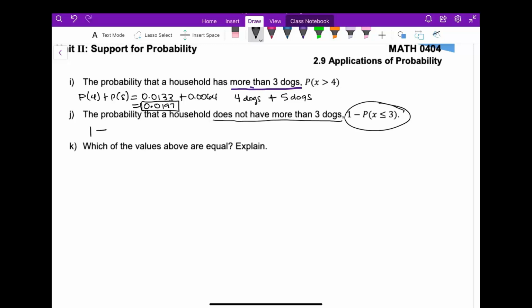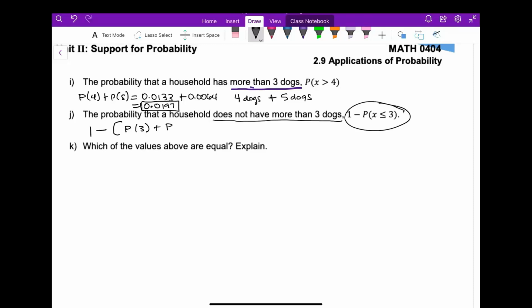We're going to have 1 minus, and then what are the numbers not more than 3 dogs? Not more than 3 dogs are going to be the probability of not more than 3. So does it include 3? Yes. 3 is not more than 3, so it includes 3.